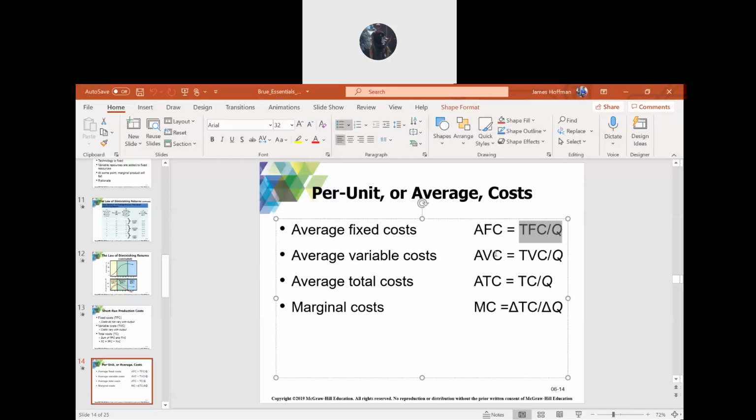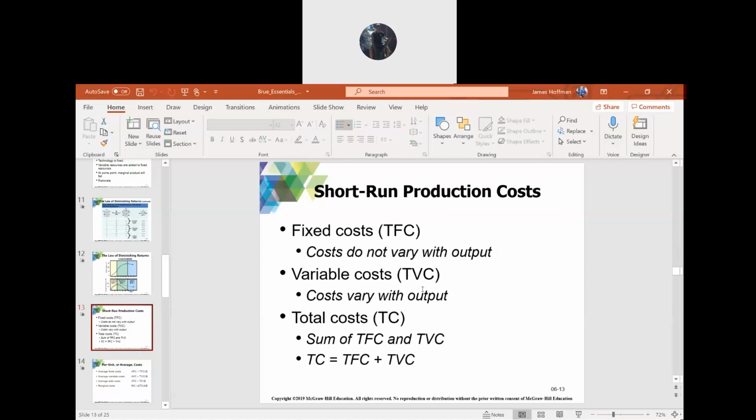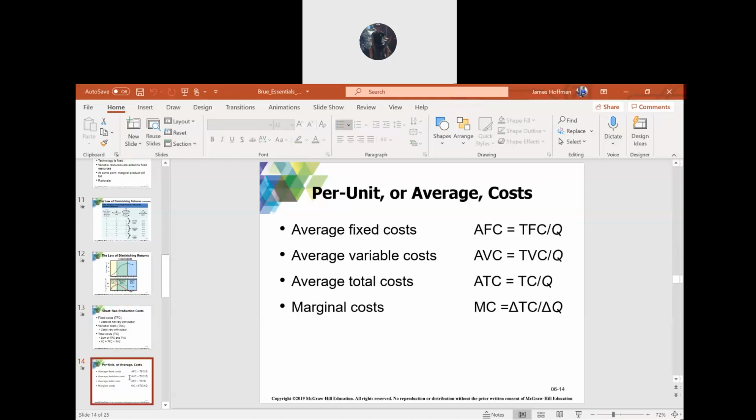Average variable cost is the total variable cost divided by Q, and average total cost is total cost divided by Q. Basically you're taking total fixed cost, total variable cost, and total cost, and dividing by Q, because that tells you what the cost is based on how many units you produce.